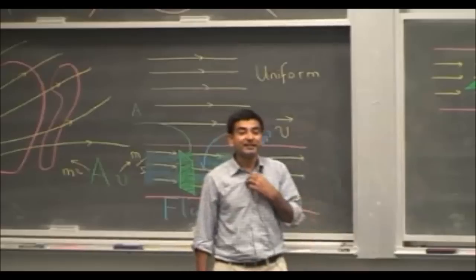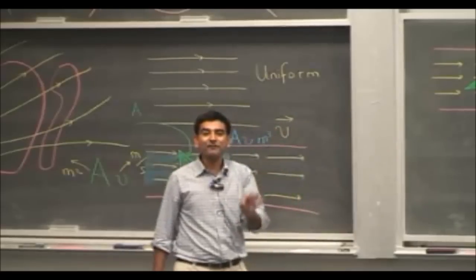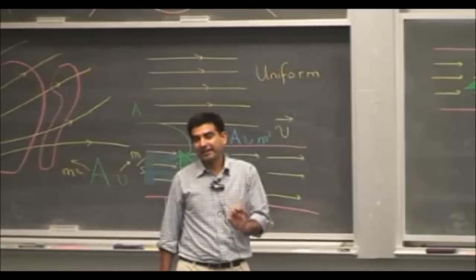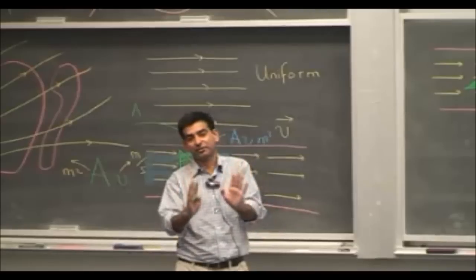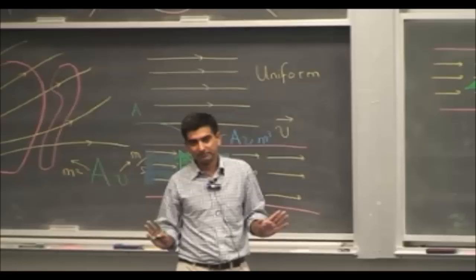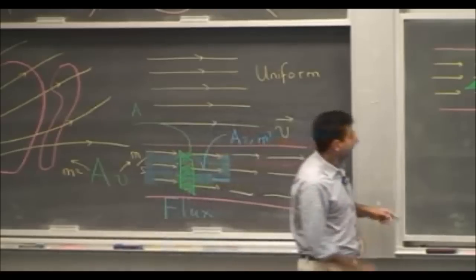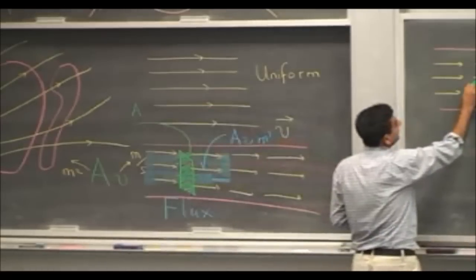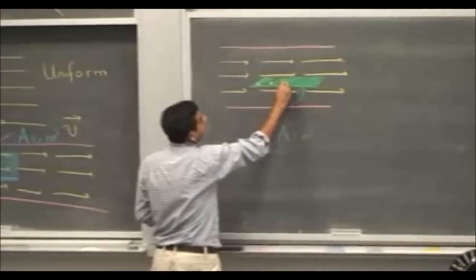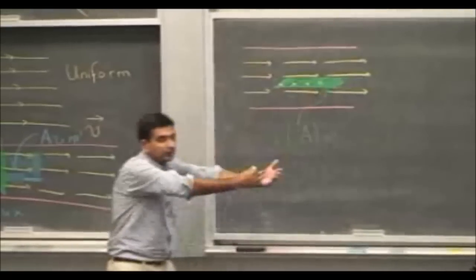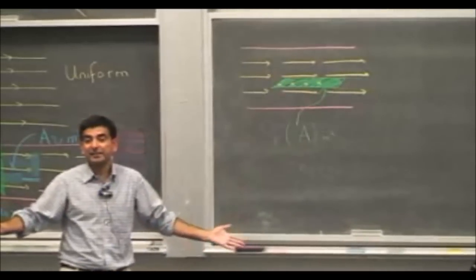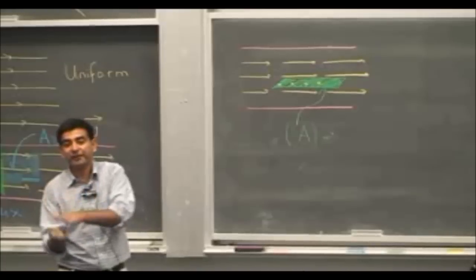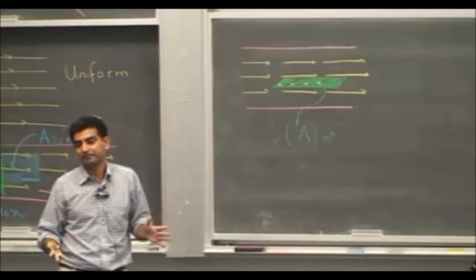Therefore, one would imagine that simply taking the product of the velocity with the area is not sufficient. One has to consider the relative orientation of the velocity and the area. Even though the velocity here is v, here it's also v, here it's also v, so along the length and along the width of this surface, it's still v. But still, there is no volume of liquid piercing this surface.